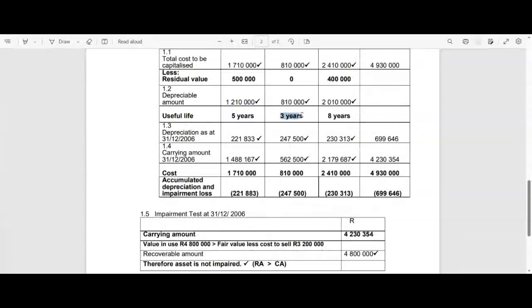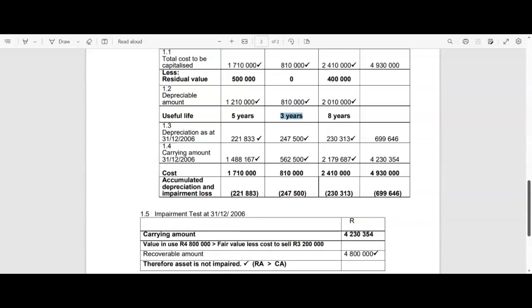So what do we do, ladies and gentlemen? We first of all go and see what is our annual depreciation. Let me do that. 810,000 divide by 3. So that gives us 270,000. So if this plant was available for the whole 12 months during the 2006 year, our depreciation would have been 270,000, but it's only available for 11 months.